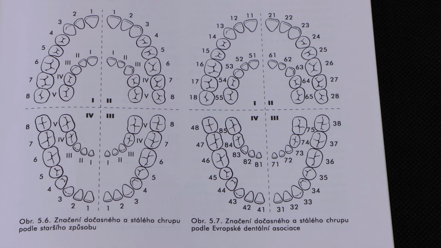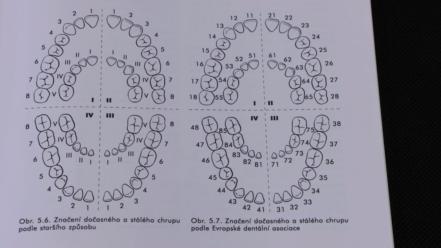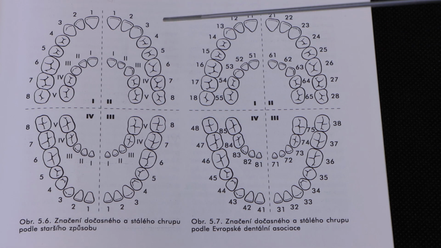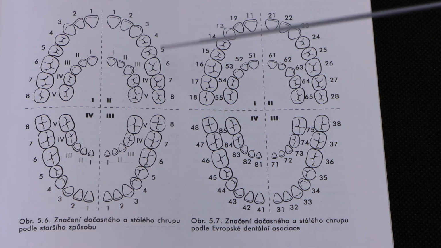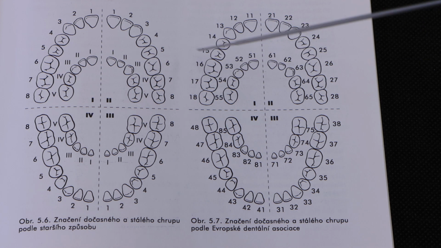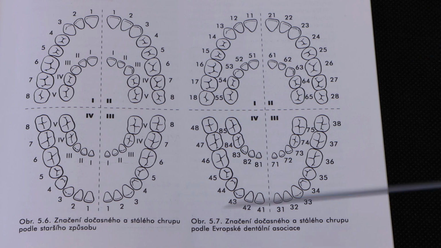This is one way that we mostly use to determine the tooth. Or you can also use letters, for example I for incisor, C for canine, P for premolar, and M for molar.